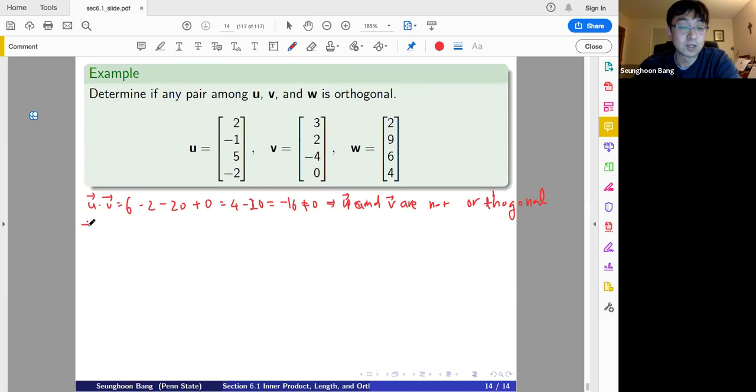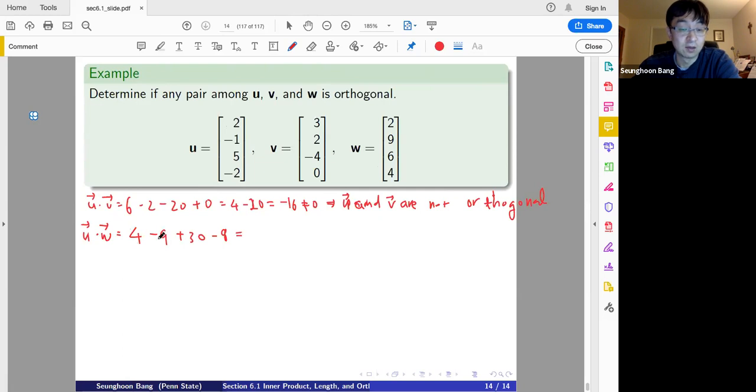So what is vector u dot vector w here? 2 times 2 is 4. Negative 1 times 9, negative 9. 5 times 6 is 30. Negative 2 times 4, negative 8.